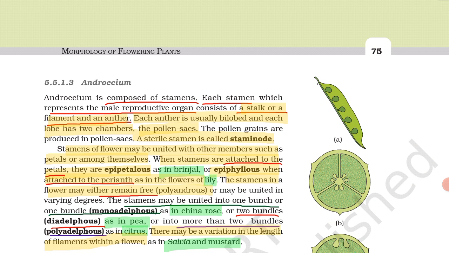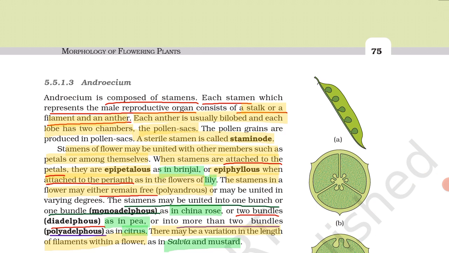Each anther is usually bilobed, means made up of 2 lobes, and each lobe has 2 chambers, the pollen sacs.